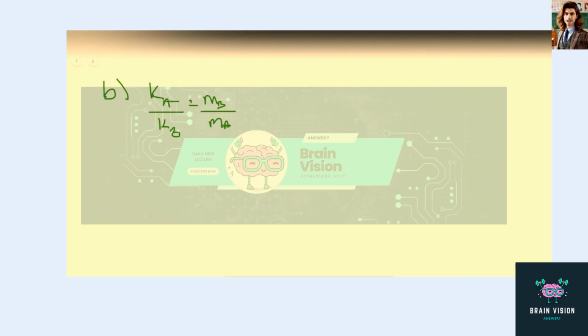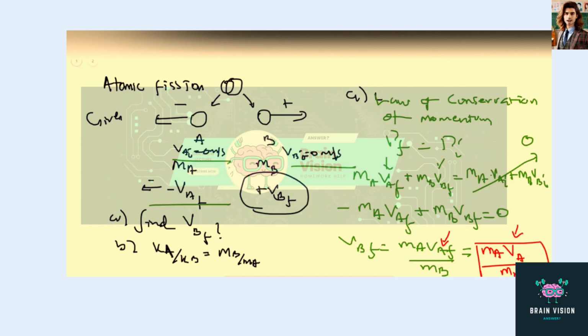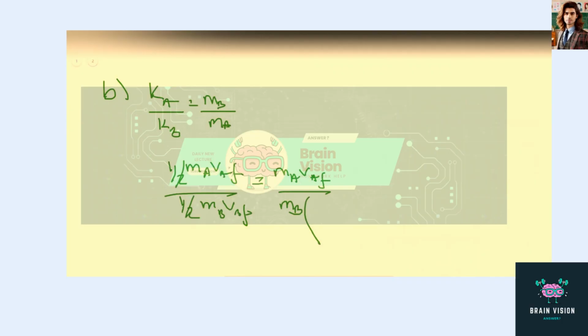So when they split, we see that the ratio of the kinetic energy of A to B is 1/2 MA VA final squared over 1/2 MB VB final squared. These 1/2s will cancel out. And VB final is equivalent to MA VA final over MB.